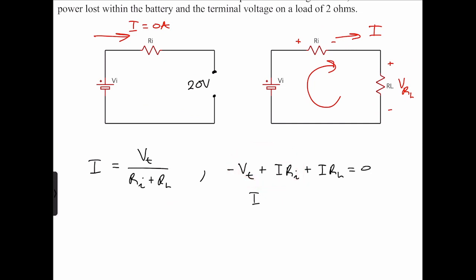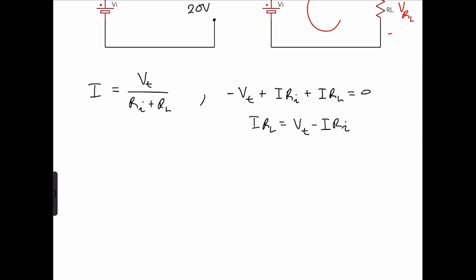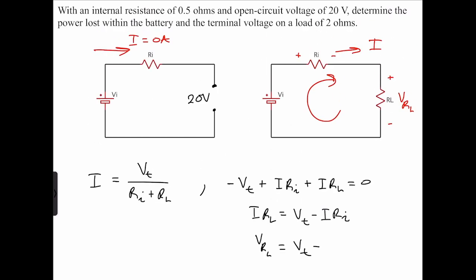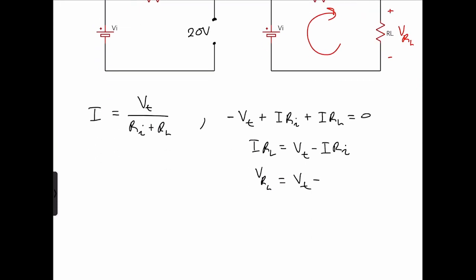So therefore we get I times RL is equal to Vt minus I times Ri. We know this is the voltage across the load, so we can call that VRL. That is equal to the terminal voltage minus the voltage drop across Ri, which is the current through Ri times the resistance of Ri.